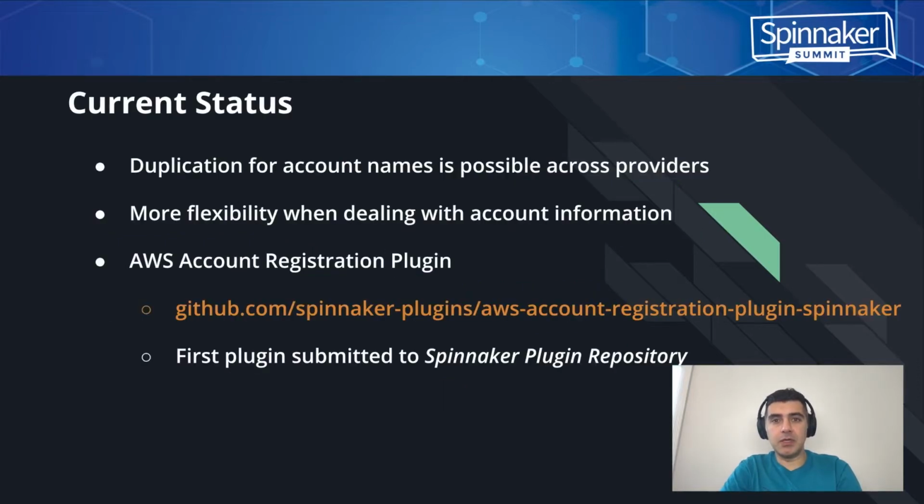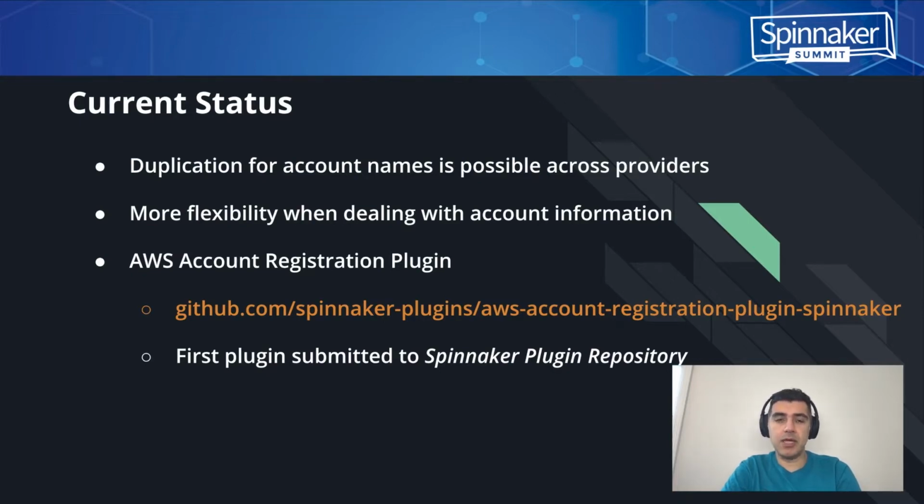So, the introduction of the new account management framework has introduced some other benefits that we lacked in the older versions of Spinnaker. Previously, you had to have unique account names across all providers for Spinnaker in order for it to work. Now, this uniqueness requirement is only applied to each provider separately.